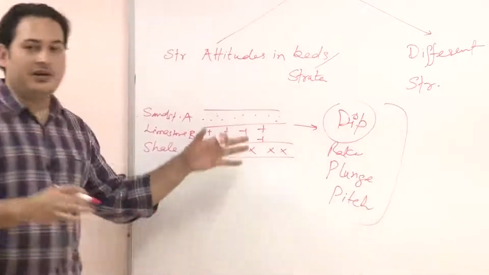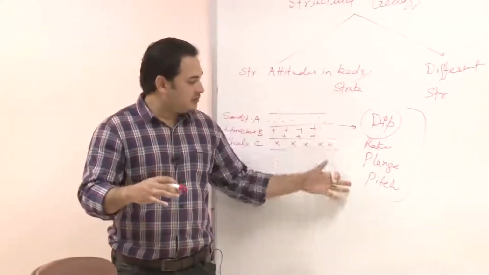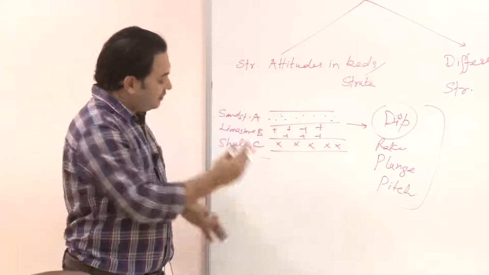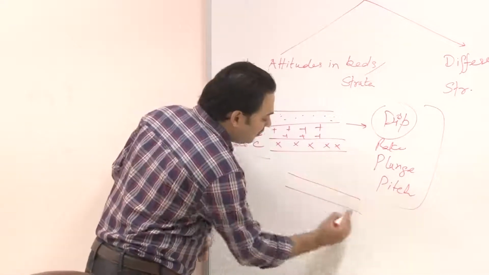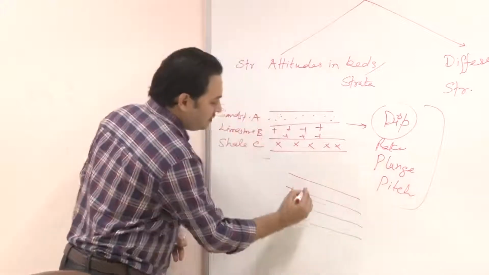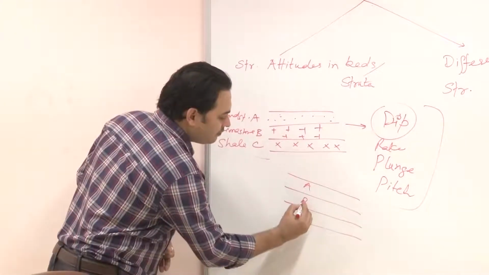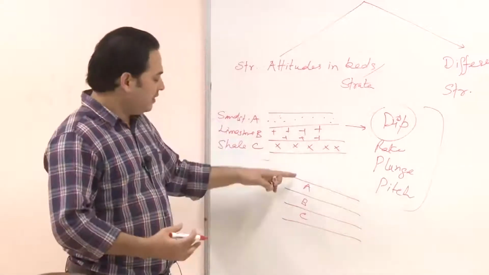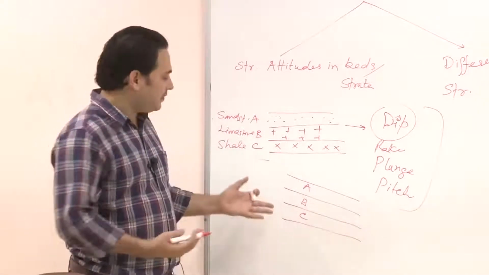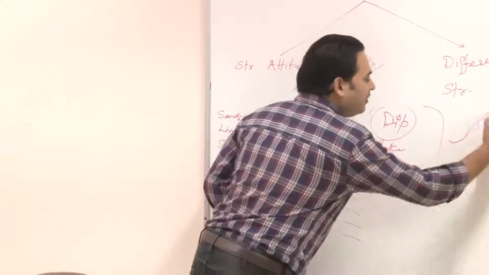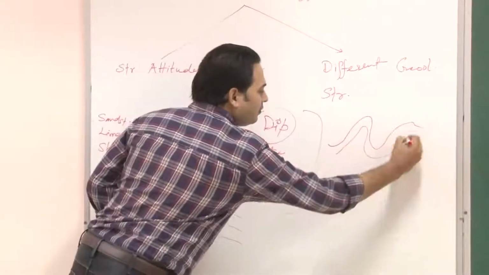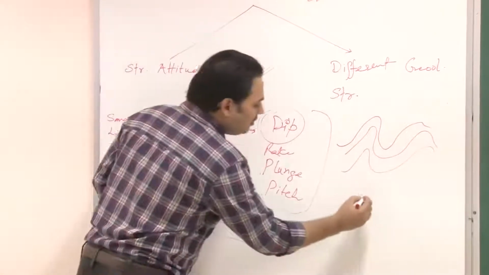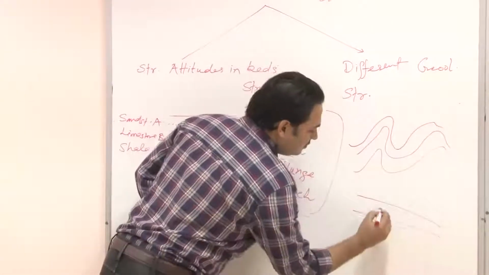So they will develop a greater amount of these structural attitudes. Under the conditions which I explained earlier, A, B, C may get tilted, they may get folded, or they may get faulted.